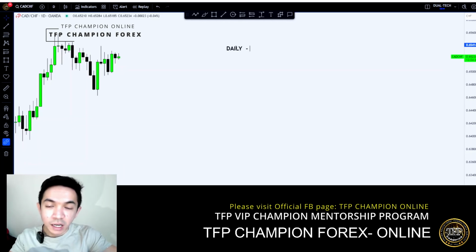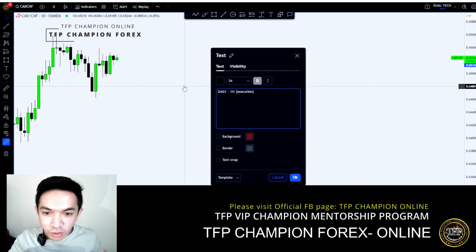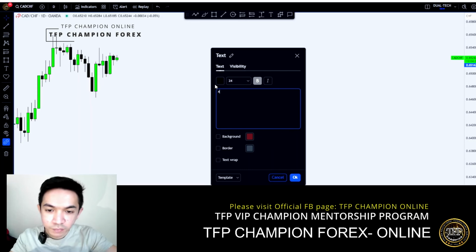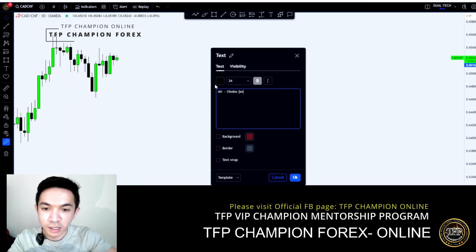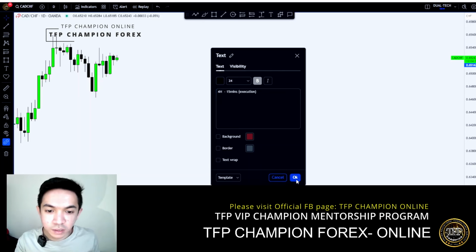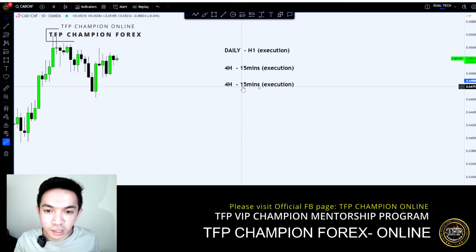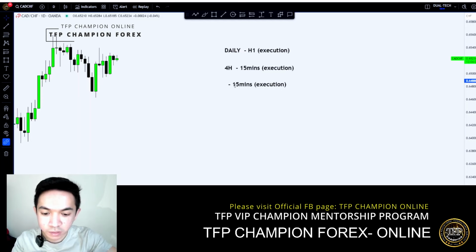Next, meron tayong 4 hours as our higher time frame and 15 minutes sa ating execution time frame. And lastly, yung ating 1 hour and then 5 minutes as our execution.